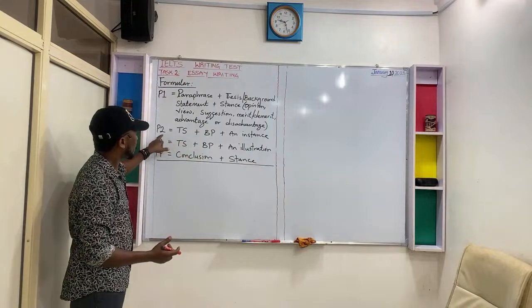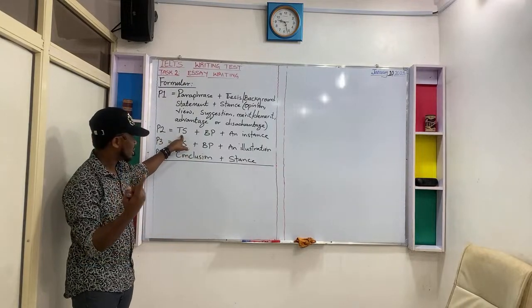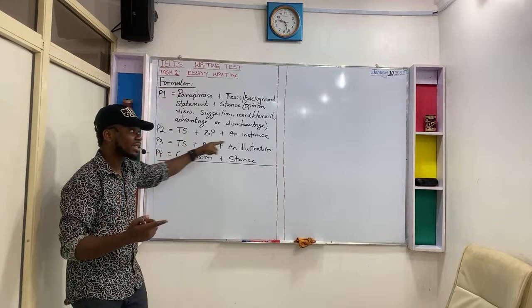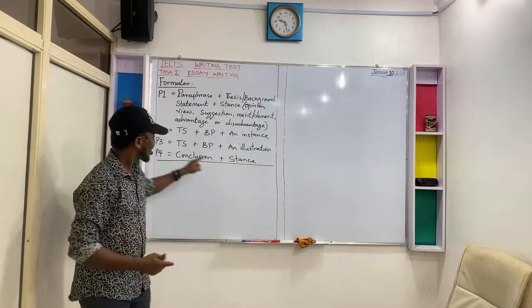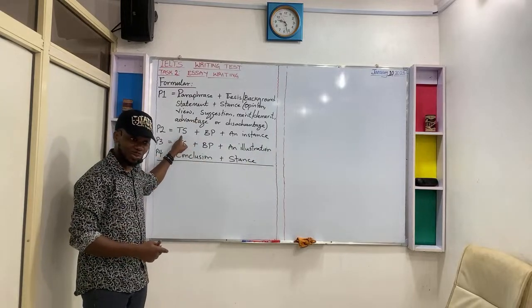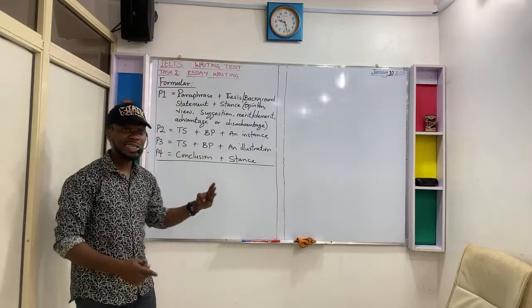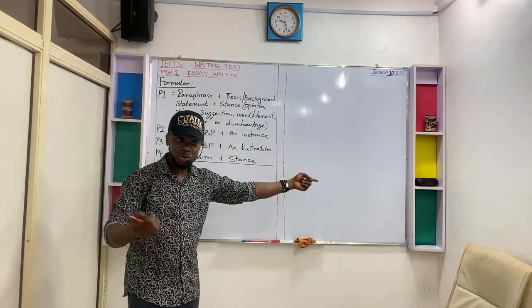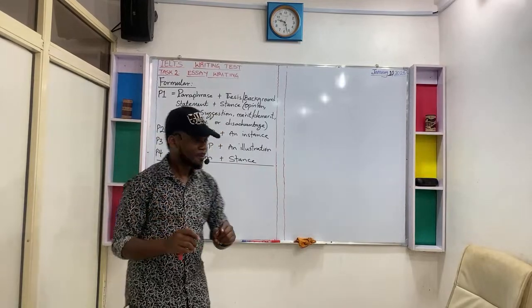Because for your paragraph 2, this TS means what? Topic sentence. What is topic sentence? That point, the first point you drafted down on your question paper is your topic sentence. So you're bringing it down. The topic sentence for paragraph 3 is the second point you also must have drafted down on your question paper as rough work. Is that correct?